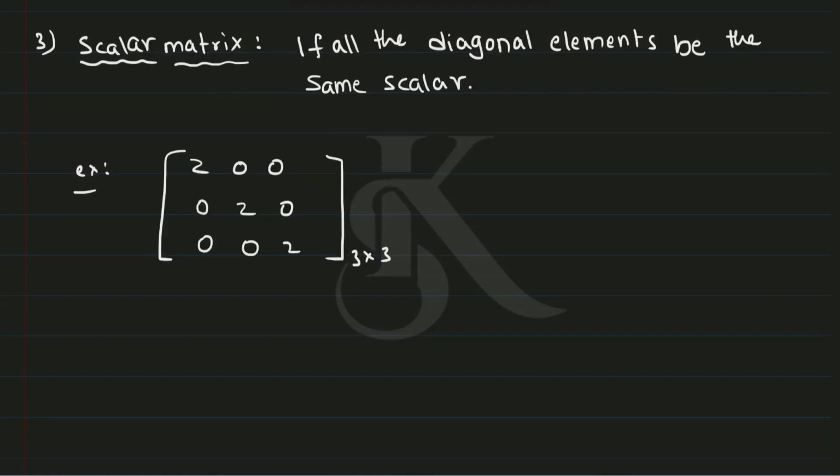The same numbers are repetitive, same scalar. Remember this. Alternatively, if we take 9 9 9 in the diagonal, then the same number has to come. Then we will call it a scalar matrix.